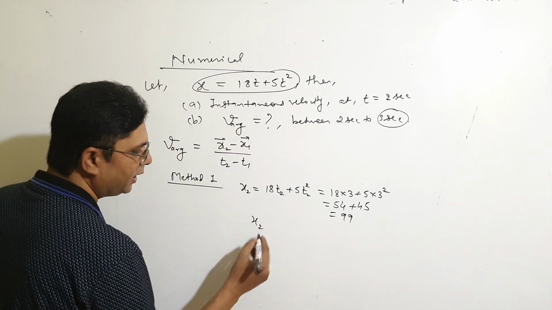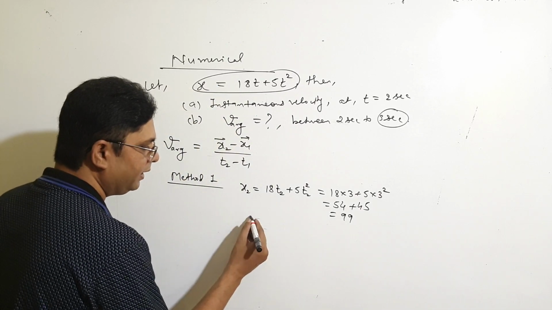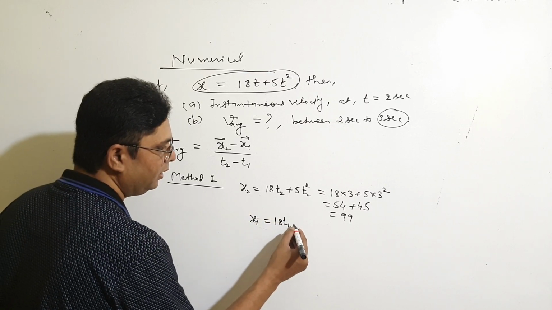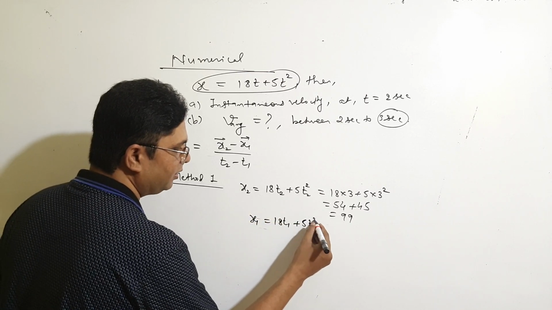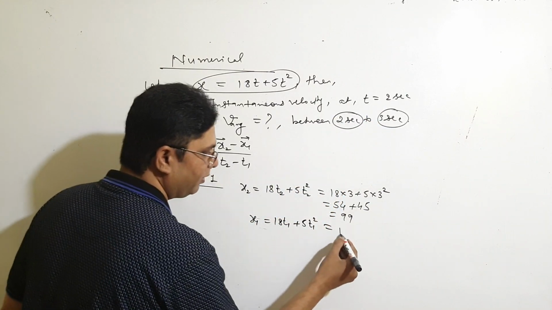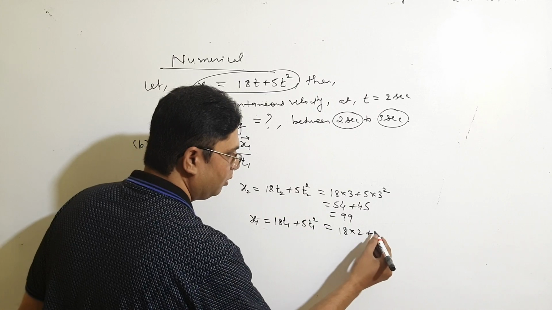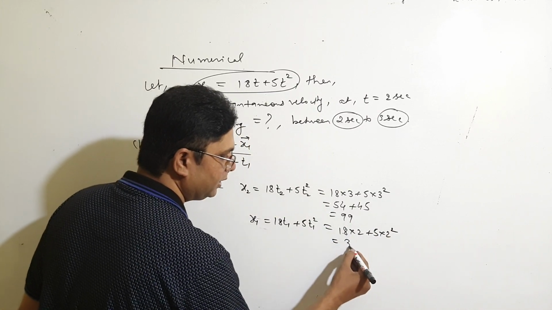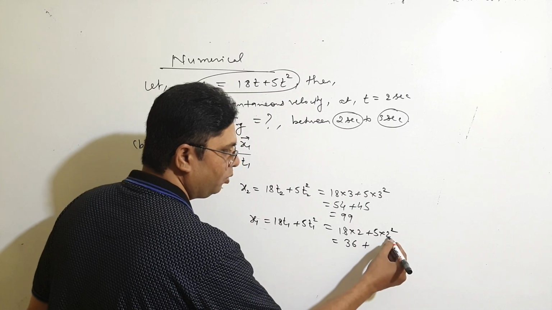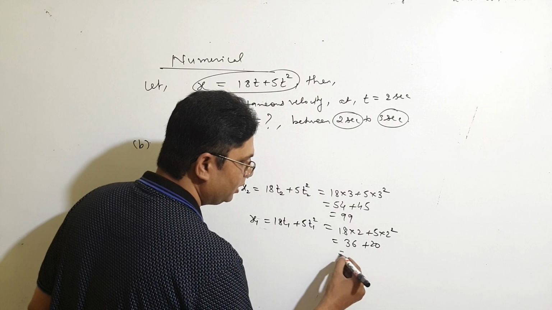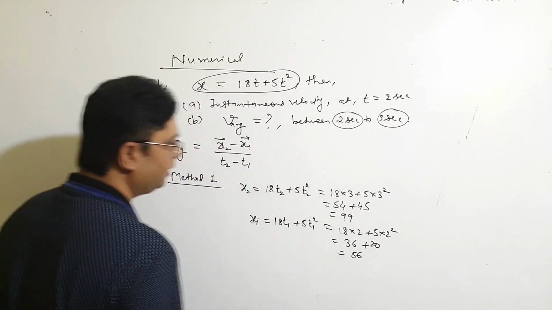Now what is x1? Now write here x1. x1 is equal to 18 t1 plus 5 t1 square. Now put the value of t1, which is 2 seconds. So you have 18 into 2 plus 5 into 2 square. 18 into 2 is 36, and 2 square is 4, 4 into 5 is 20, so this is 56.